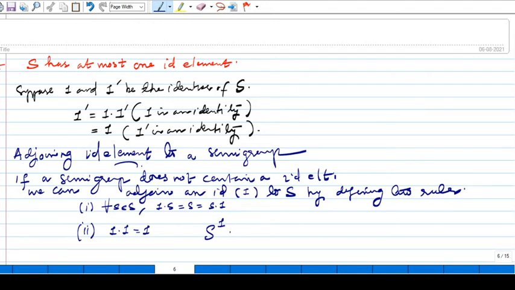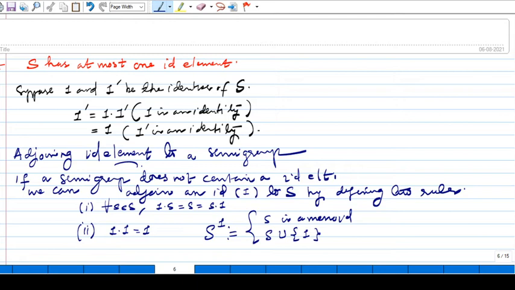So S1 means S if S is a monoid, otherwise S union {1} in a descriptive way. The main meaning is that S1 denotes a monoid, whether it is adjoined or it is naturally there.